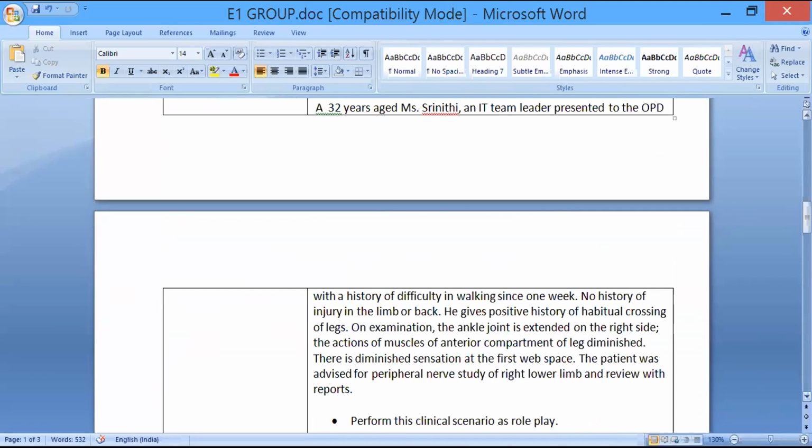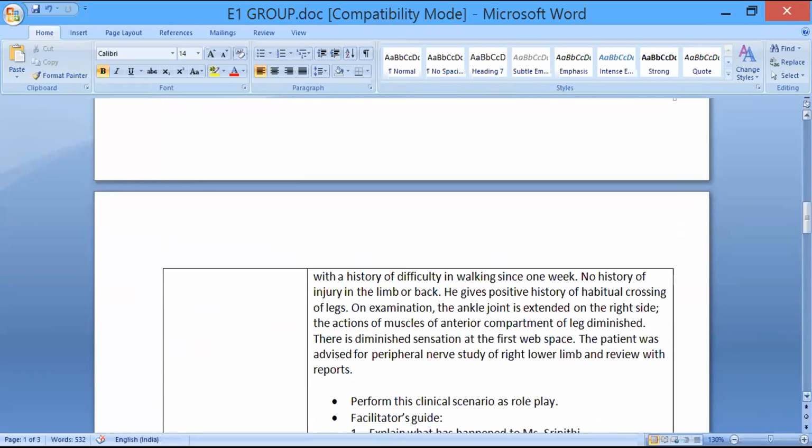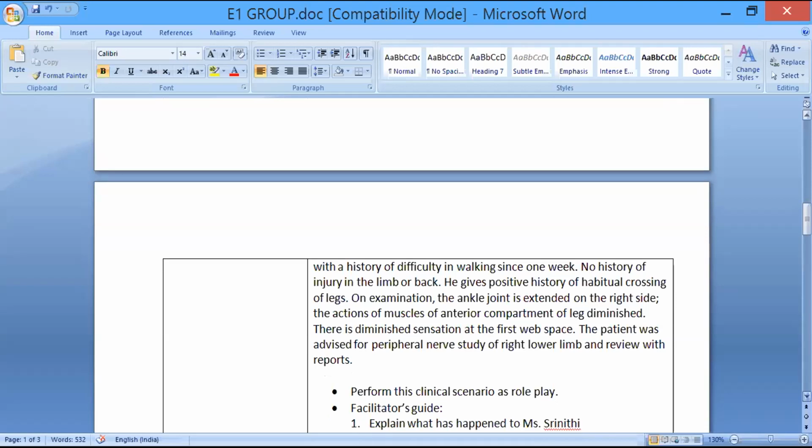On examination, the ankle joint is extended on the right side. The actions of muscles of the anterior compartment of leg are diminished. There is diminished sensation at the first web space. The patient was advised a peripheral nerve study of the right lower limb and review with reports.